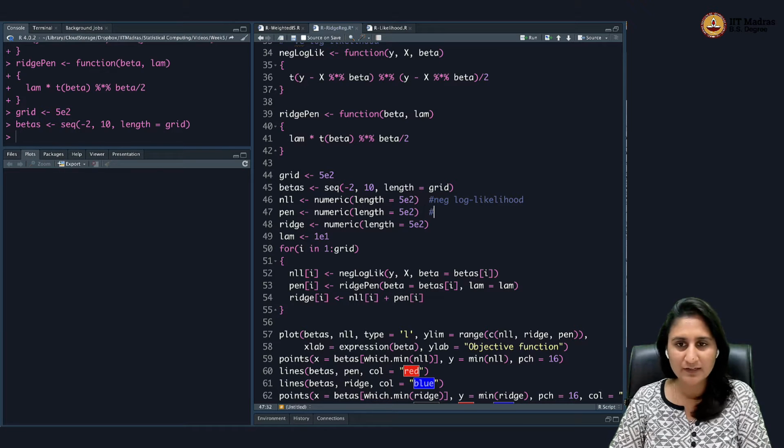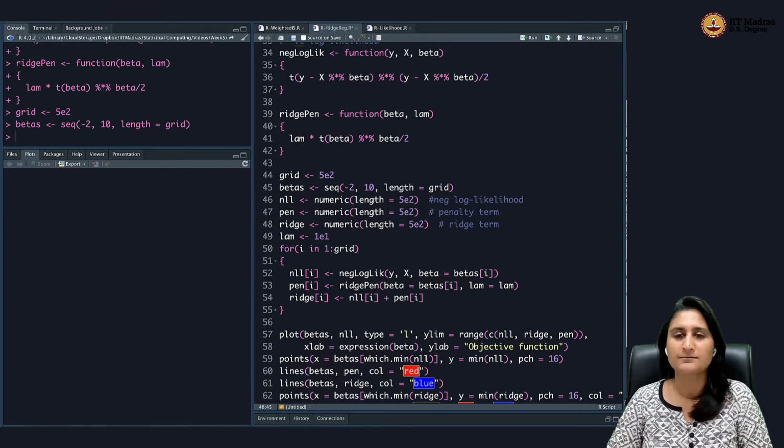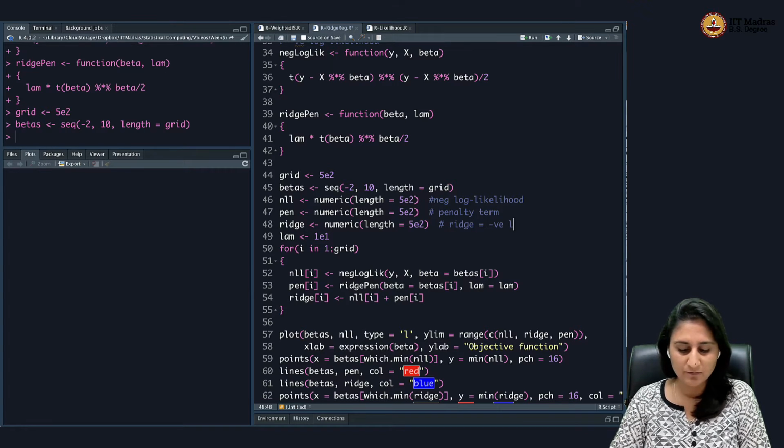I'm going to also calculate the penalty term. And I'm going to finally also calculate the ridge term, meaning ridge is nothing but negative log likelihood plus penalty.